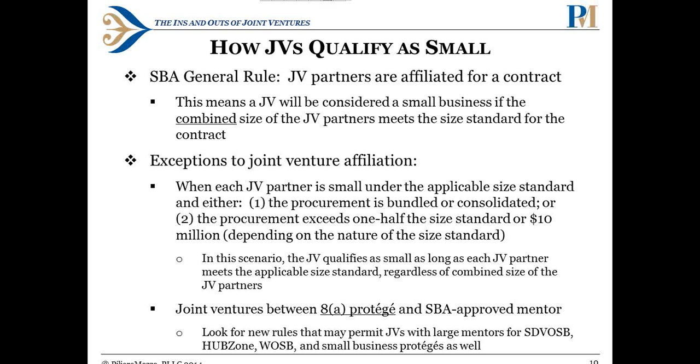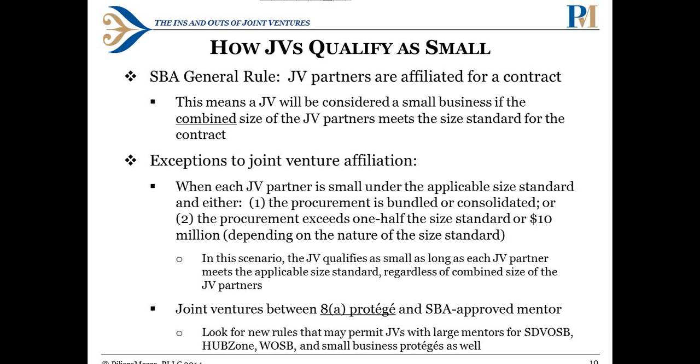It's really not the joint venture, though. It's more the size of the contract that dictates whether this exemption will be followed. So if it's one of these, quote, very large contracts, then as long as each joint venture partner is small, that joint venture itself is considered to be small.